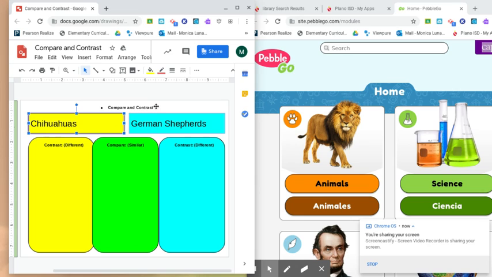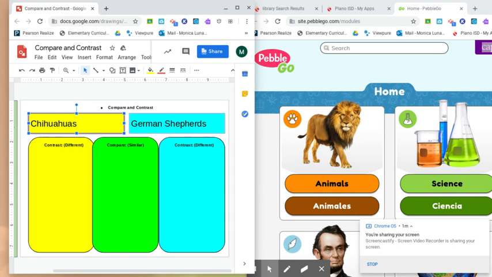Okay. So now, today, we are going to learn about Chihuahuas and we're going to put little bullet points with facts about what we learned about Chihuahuas. Tomorrow, we are going to do this side, okay? We're going to learn about German Shepherds and we're going to put bullet points on facts that we learned about German Shepherds.